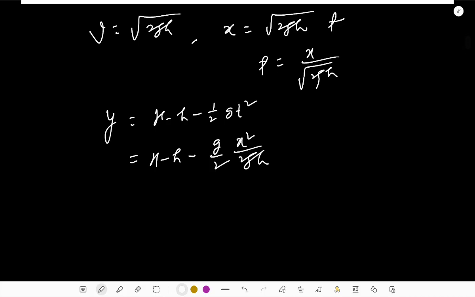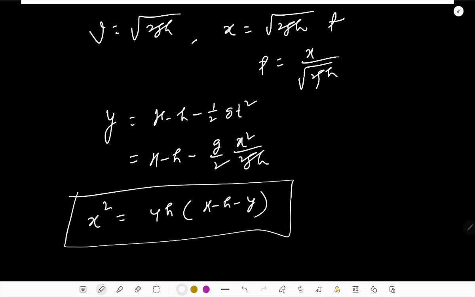We can manipulate this equation for x square, and we can write simply x square will become 4h multiplied by h minus y. You simplify the above equation and you will get it.